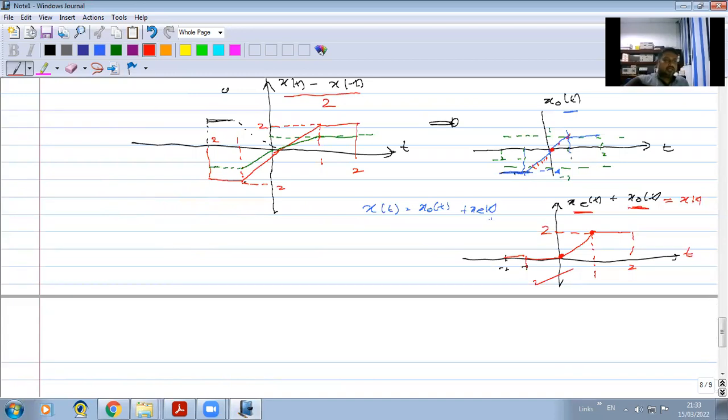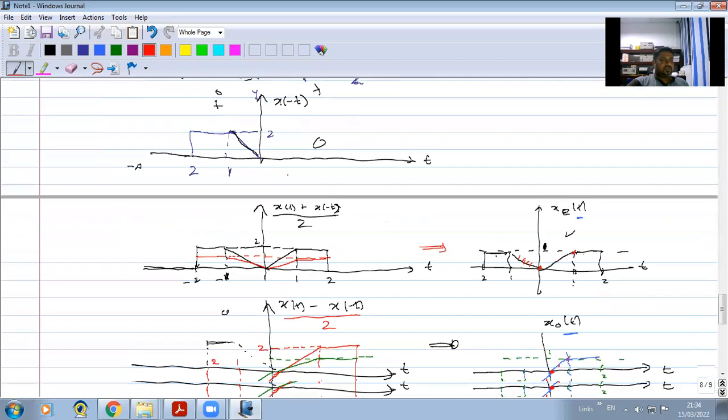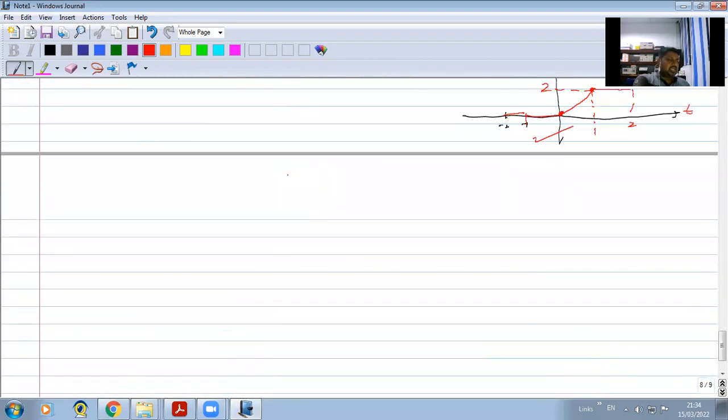So please go through this session and try to do this question by yourself. And also as an exercise, try to evaluate cos(omega naught t), that should be an even signal. And sin(omega naught t) should be an odd signal. Try to prove this. Cos(omega t) is an even signal, sin(omega t) is an odd signal.